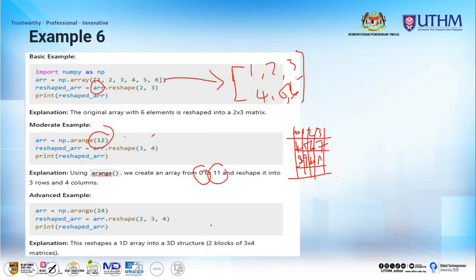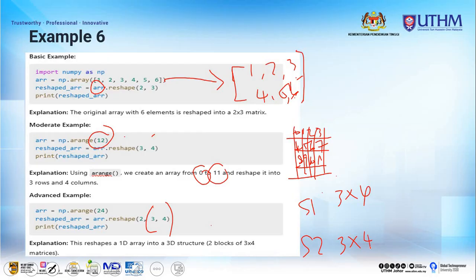Which means there are 2 sets of 3 by 4 matrix. So the final outcome will be a 3 by 4 matrix, 2 sets. Set 1 has a 3 by 4 matrix, and set 2 also. So the output will be like this.